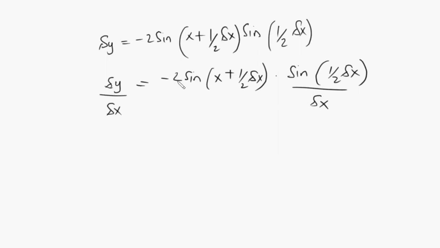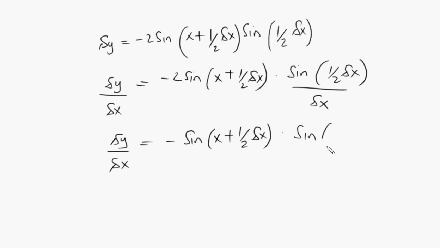So hii mbili as usual naweza nikaleta chini. So I'll just remain with Δy over Δx is equal to negative sin(x + 1/2 Δx) times sin(1/2 Δx) over 1/2 Δx. Okay, kama nilivyosema mwanzo, you can just do this by times 1/2 juu na 1/2 chini.